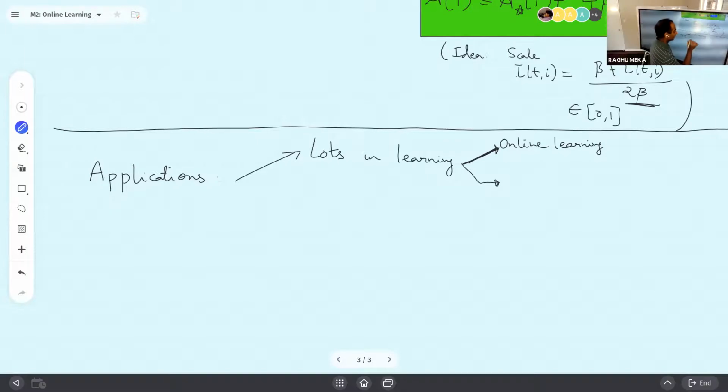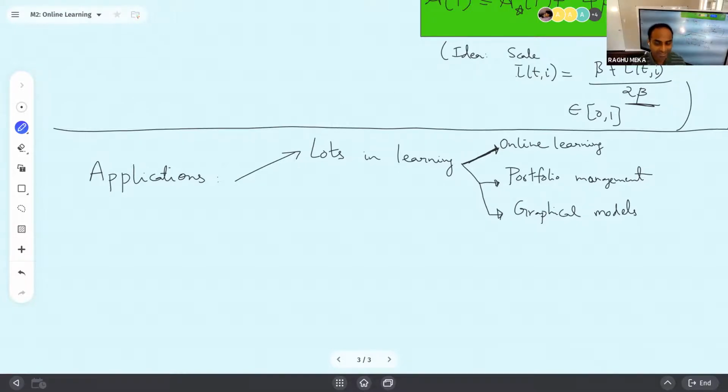It's useful for things like portfolio management in time series analysis. And as we'll see later in the class, you can use it for much more sophisticated learning challenges like learning graphical models and so on. Right? And for instance, the idea in the last problem in the homework is something that I used relatively recently in my own research, even though that idea is very old.